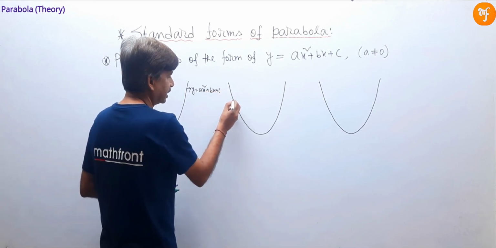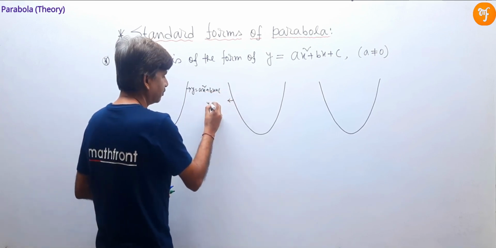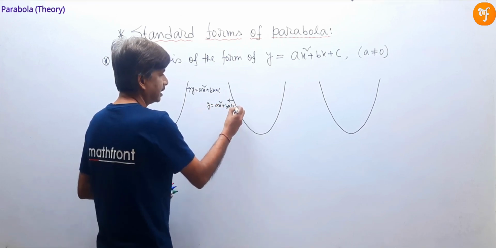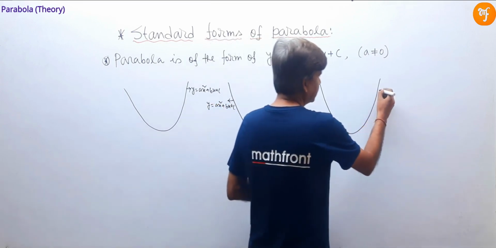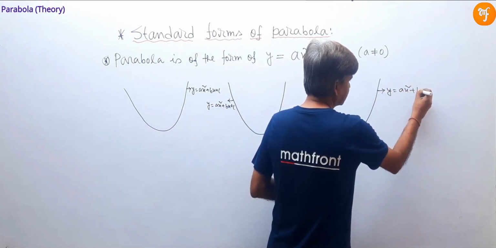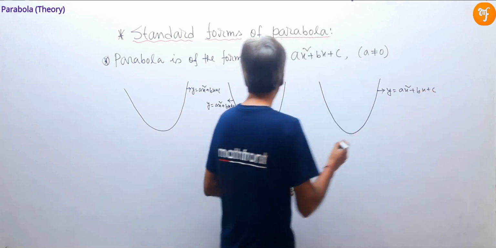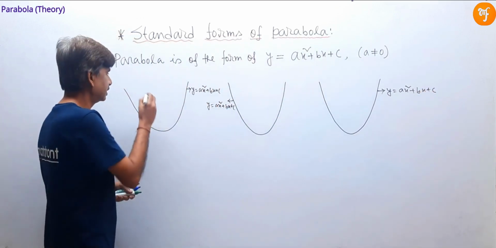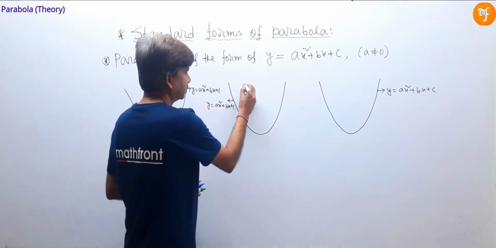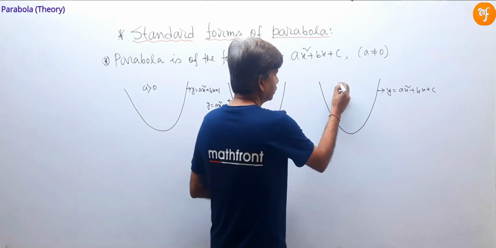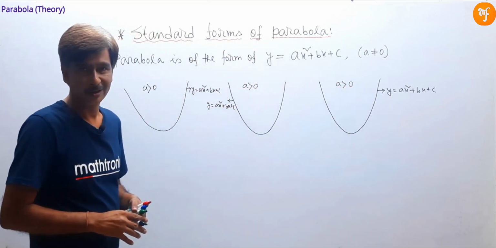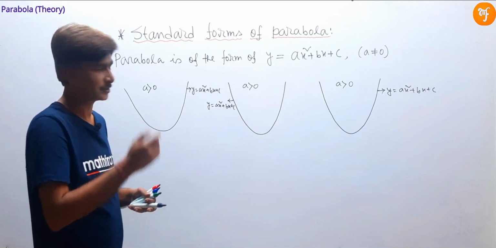So this parabola also has the equation y is equal to ax square plus bx plus c, and this parabola also has the equation y is equal to ax square plus bx plus c. And in all of these three cases, the value of a is greater than 0. Okay, clear? So when a is greater than 0, then the parabola is concave upwards.